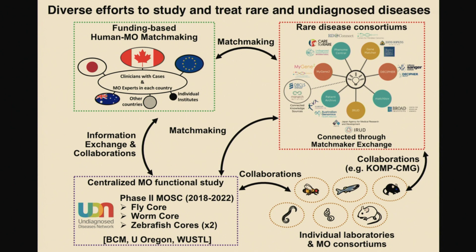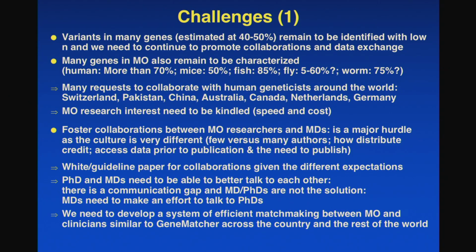So in a way, that's kind of complementary because we've been discovering a lot of new human disease by focusing on genes that were not known or were not studied. So this matchmaking efforts between all these different groups is really important. And we think that by continuing to do that, we'll continue to discover a lot of new human disease.